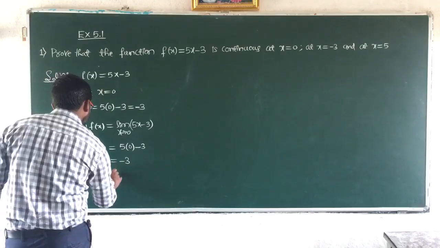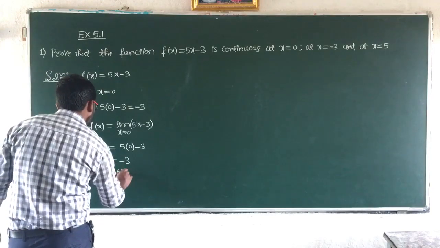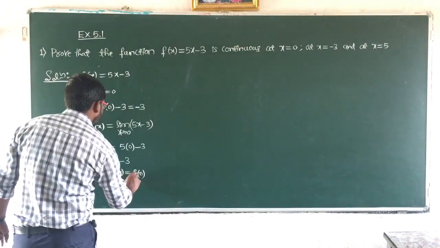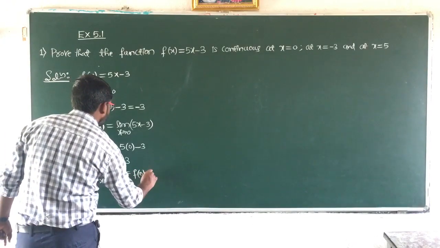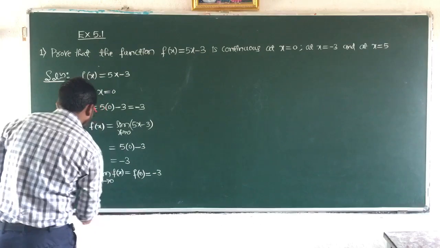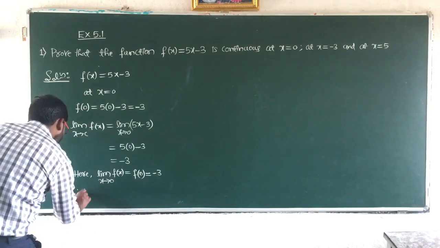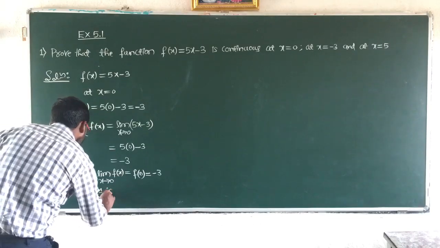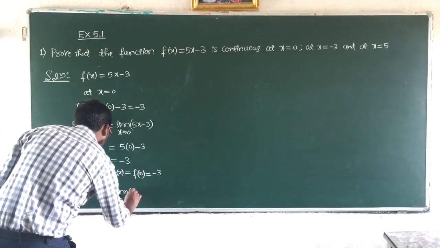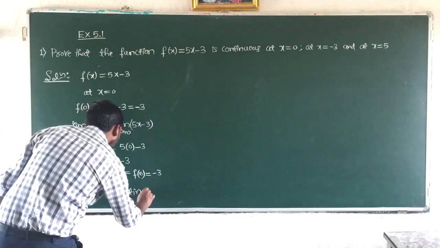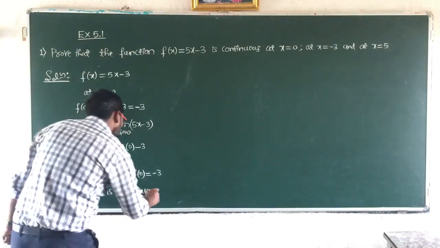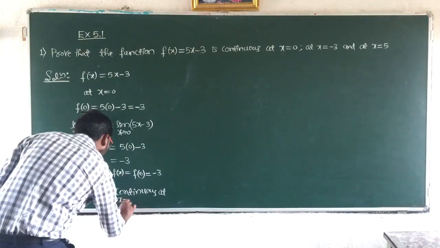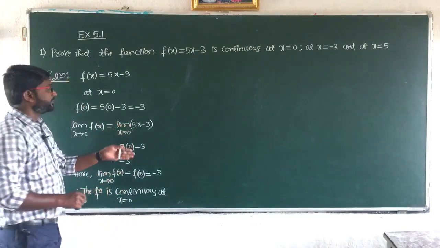Limit x tends to 0 f of x is equal to f of 0, that is equal to minus 3. Therefore, the function is continuous at x equal to 0. So this is all about the first point.